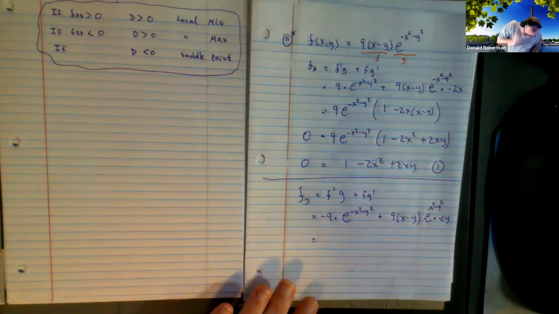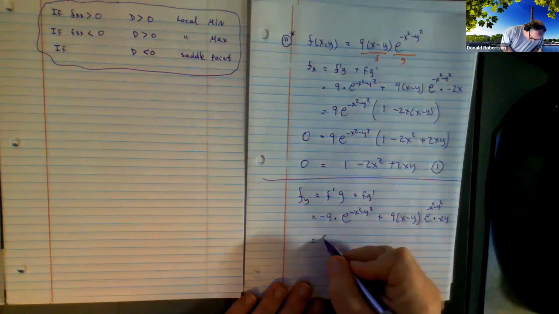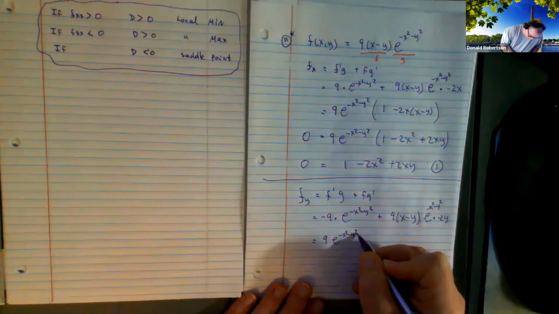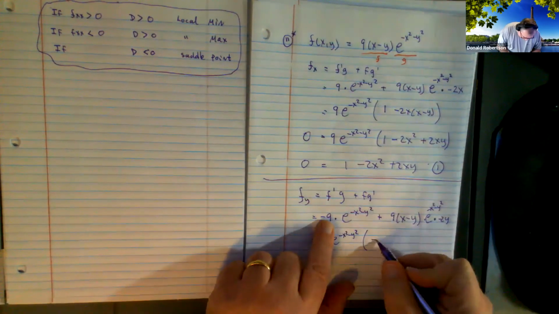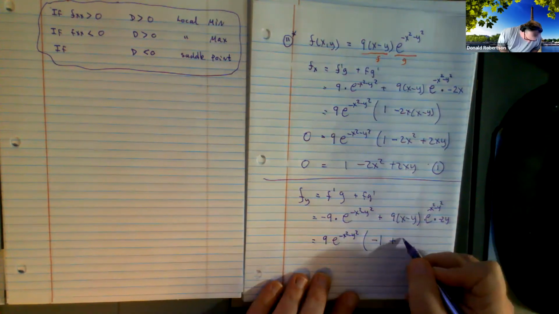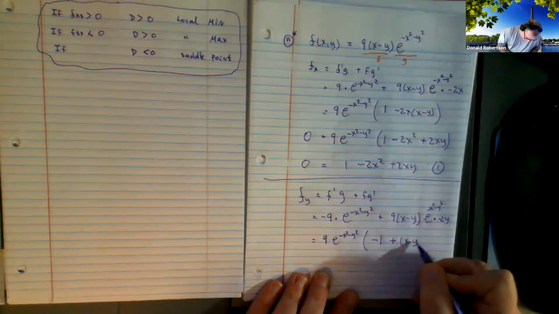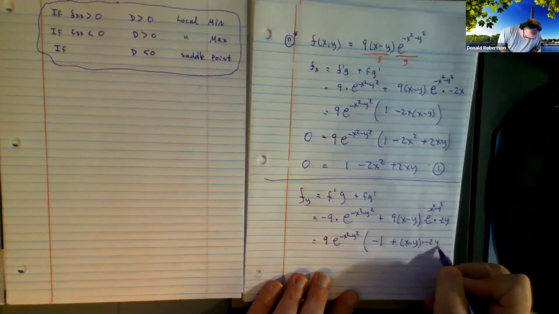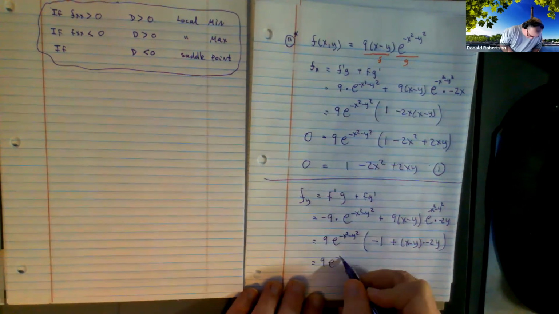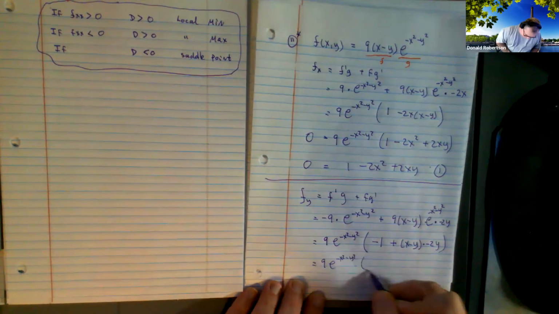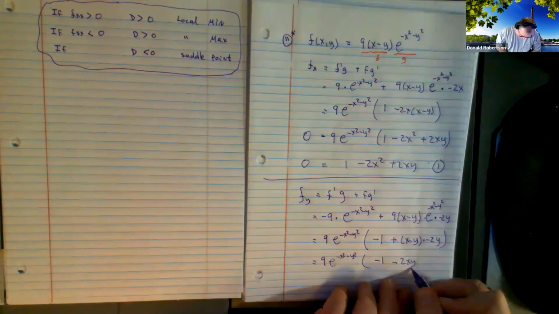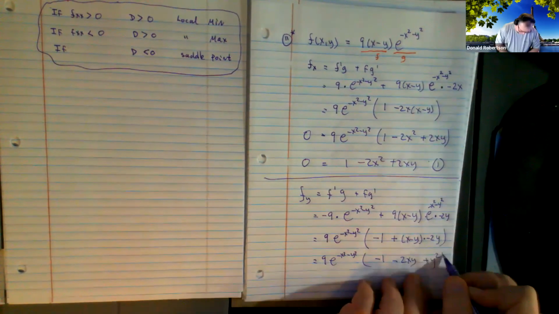And in this case, I'm going to pull out a 9, e to the -x² take away y² as a common factor. That's going to leave a kind of ugly -1 behind, plus an x minus y times a -2y. And that's going to be a -1, a -2xy plus a y².